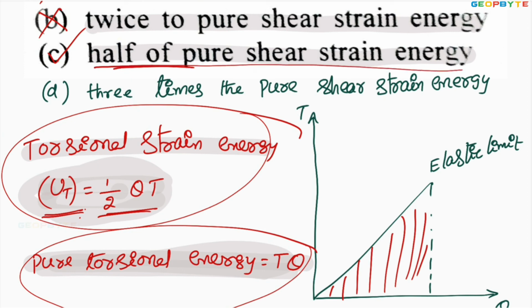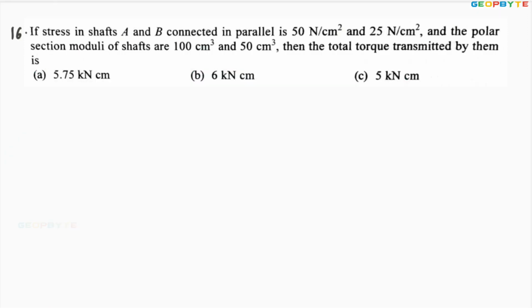I hope all of you understood. Let us move to the next problem. Look at the 16th problem. If the stress in shafts A and B connected in parallel is 50 Newton per cm square and 25 Newton per cm square.